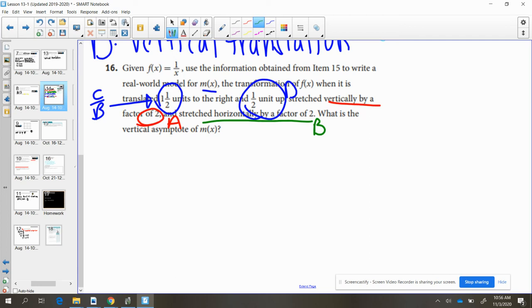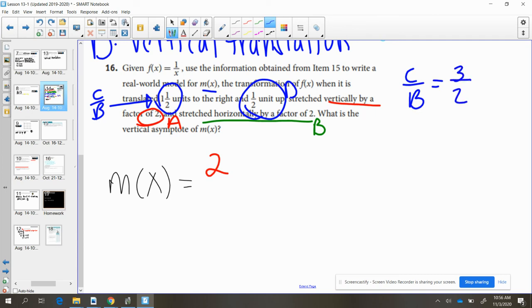So if we're looking to rewrite this new function m of x, in our numerator we have to consider that vertical stretch, so that's going to be our factor of 2. And then when we were talking about c over b, we said that that's 1 1/2, or 3/2 is still 1.5. So we're seeing here that b is 2 and c is 3.